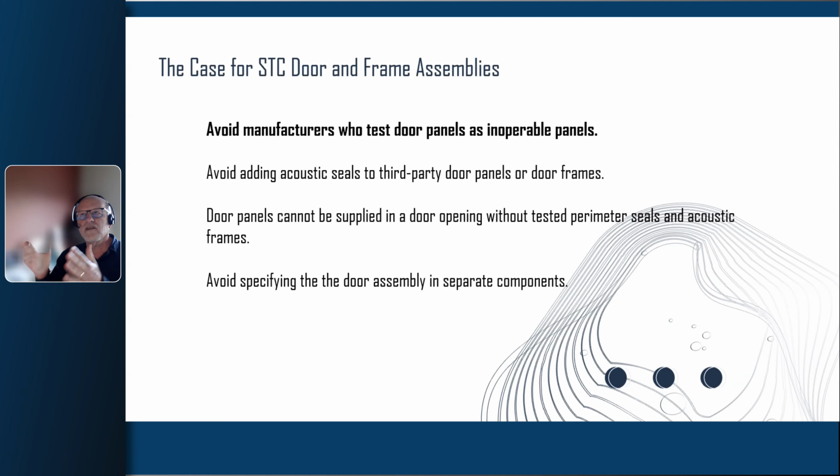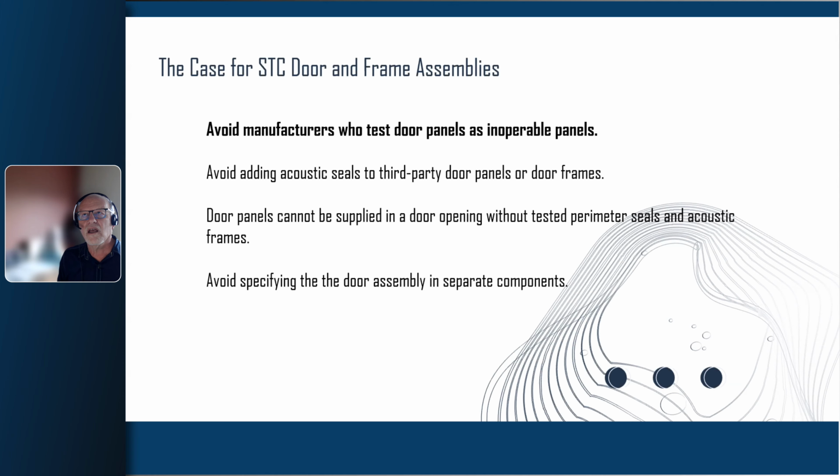We know that if a door panel is tested at STC 50 in the sealed position, it's not going to achieve STC 50 once the door is operable. You'll probably lose 2 or 3 points. You have every right to demand to see the test, and the manufacturer is not giving out any proprietary information. You want to make sure it says the door was opened and closed.